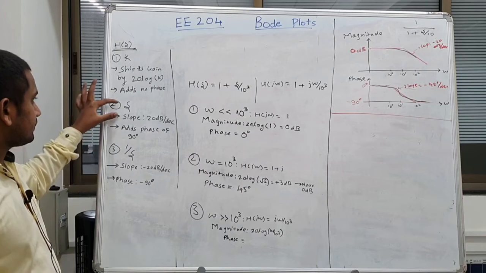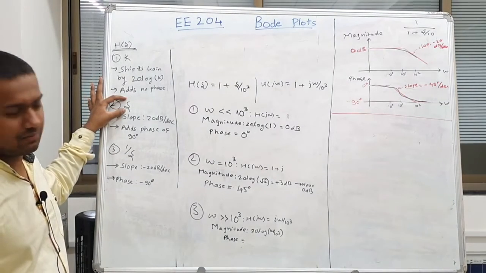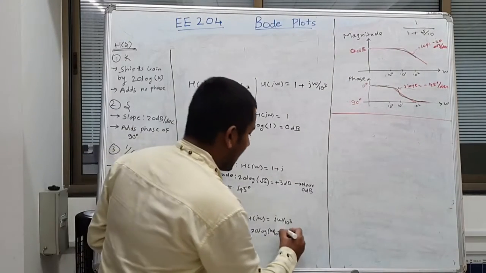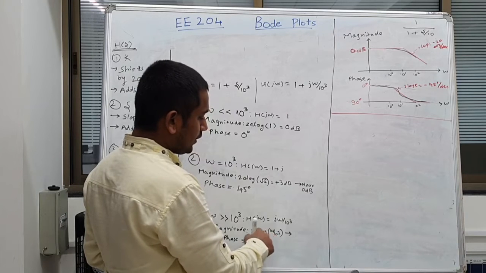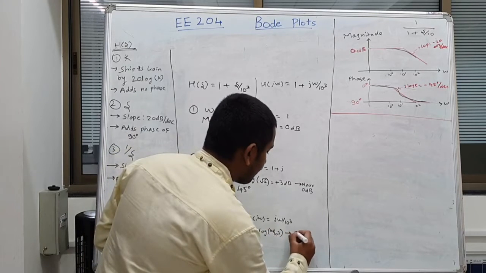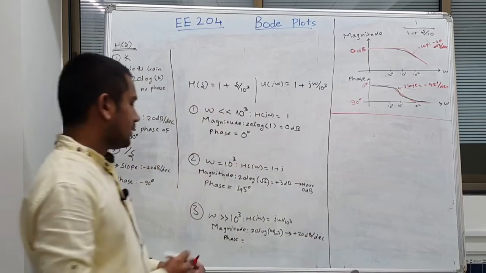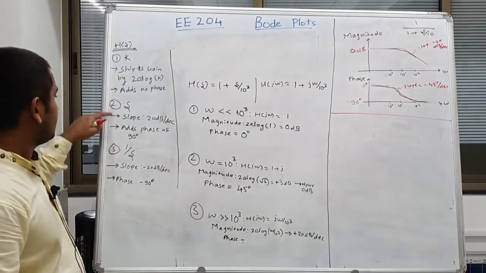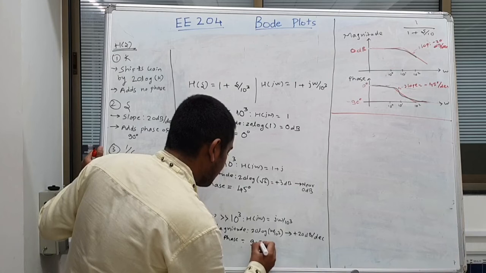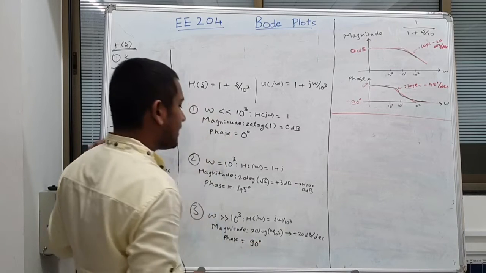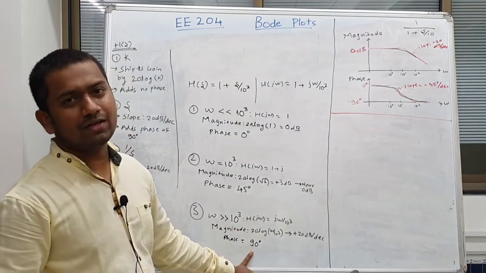We know that it is same as having an s term, meaning this will have a slope of 20 dB per decade. And phase, it is 90 degree. You can also write tan inverse of imaginary by real and check that the phase will come out to be 90 degree.